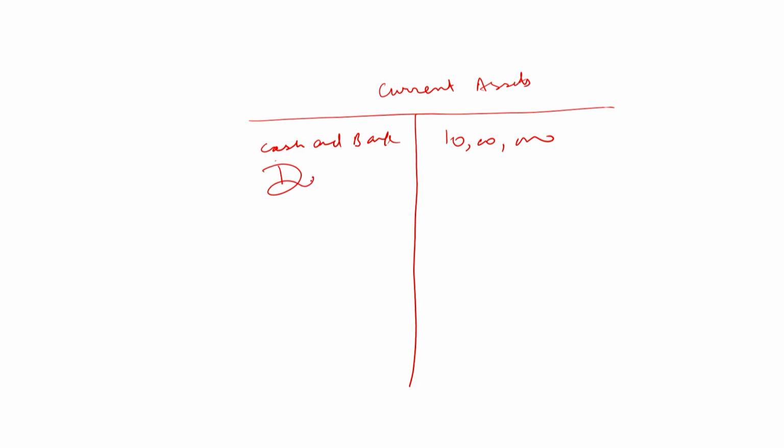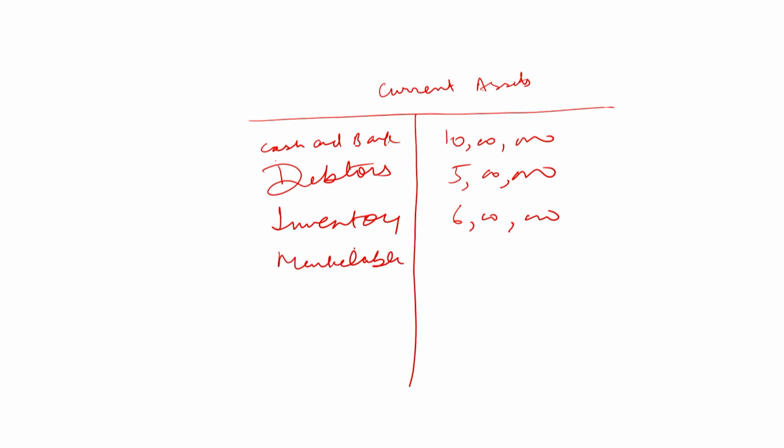Then we have debtors, or we call it accounts receivable, amounting to rupees 5 lakhs, inventory amounting to rupees 6 lakh, marketable securities rupees 3 lakhs, and the last is bills receivable of rupees 1 lakh.